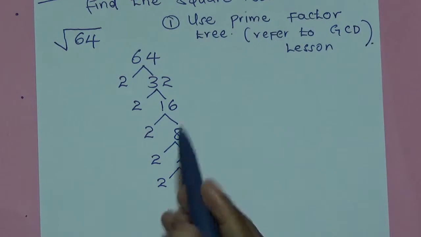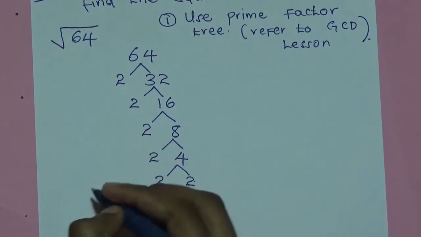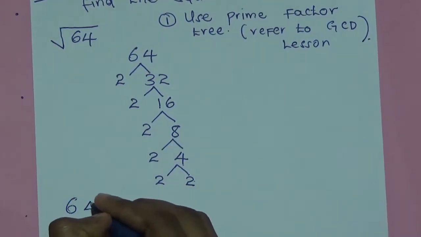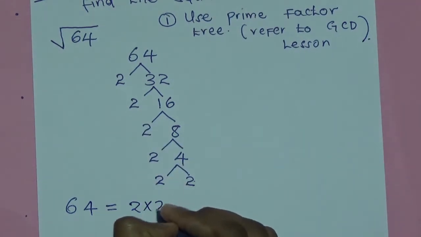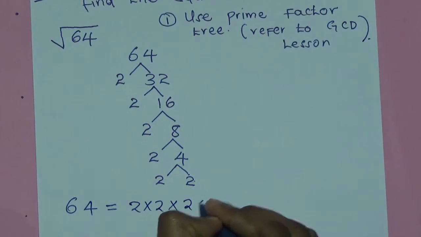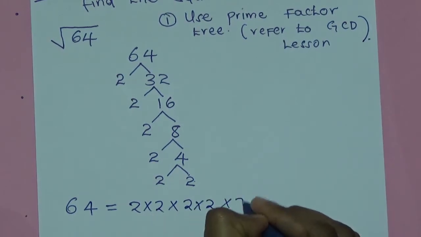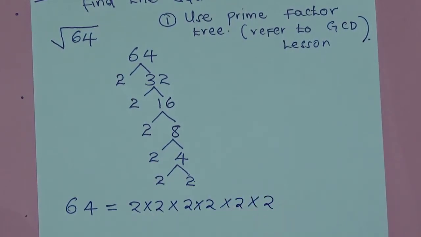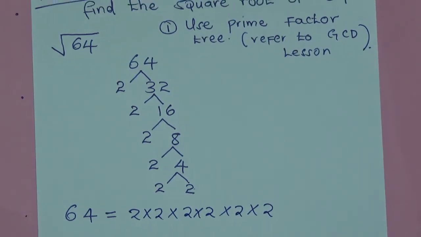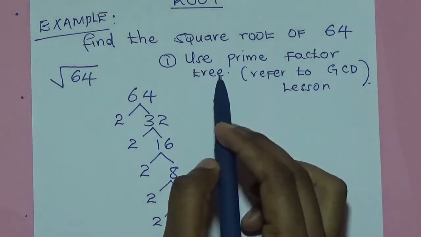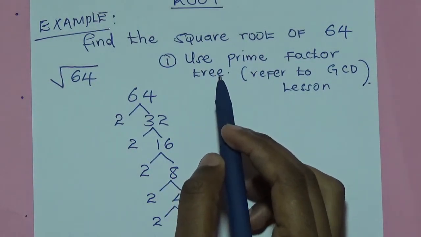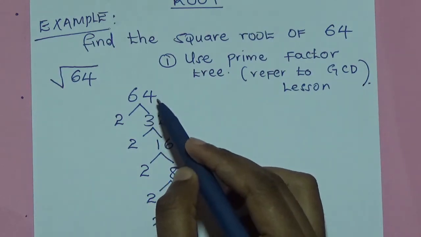So these are the prime factors of 64. We got back to the first step, use the prime factors, and we have found the prime factors of 64.